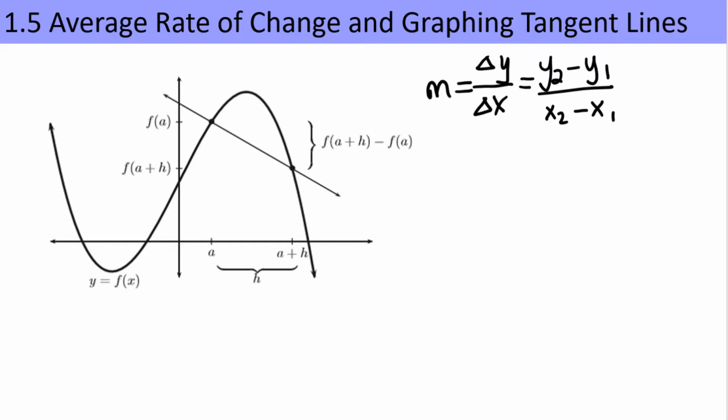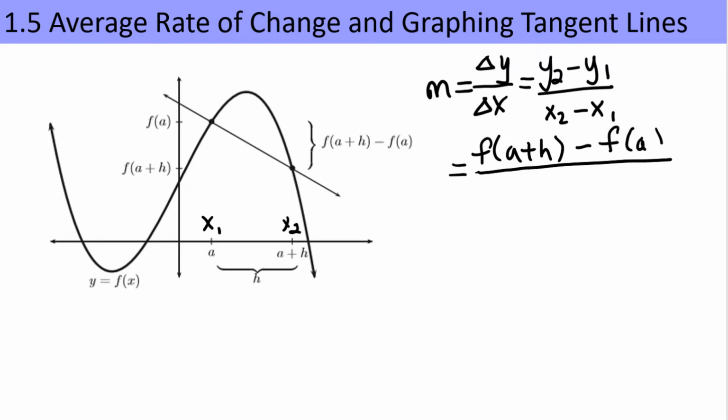Let's change those points in the formula to correspond with our drawing. So I could say that x1 corresponds to a and x2 corresponds to a plus h. Let's replace. So y2 is actually f evaluated at a plus h minus y1, the function evaluated at a.